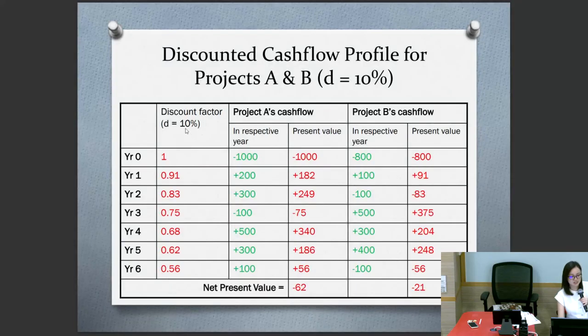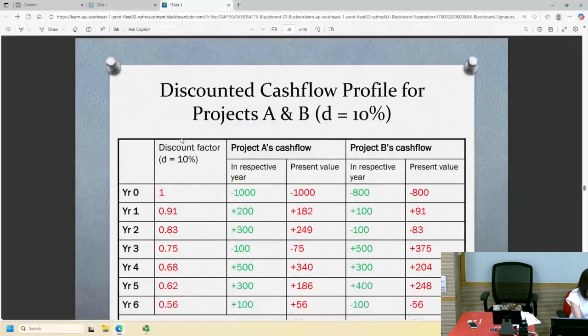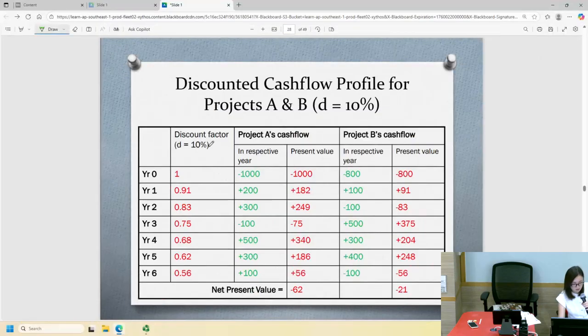Let's say the real discount factor is 10%. This discount factor would be 1 divided by 1 plus D, to the power N, where N is the number of years.